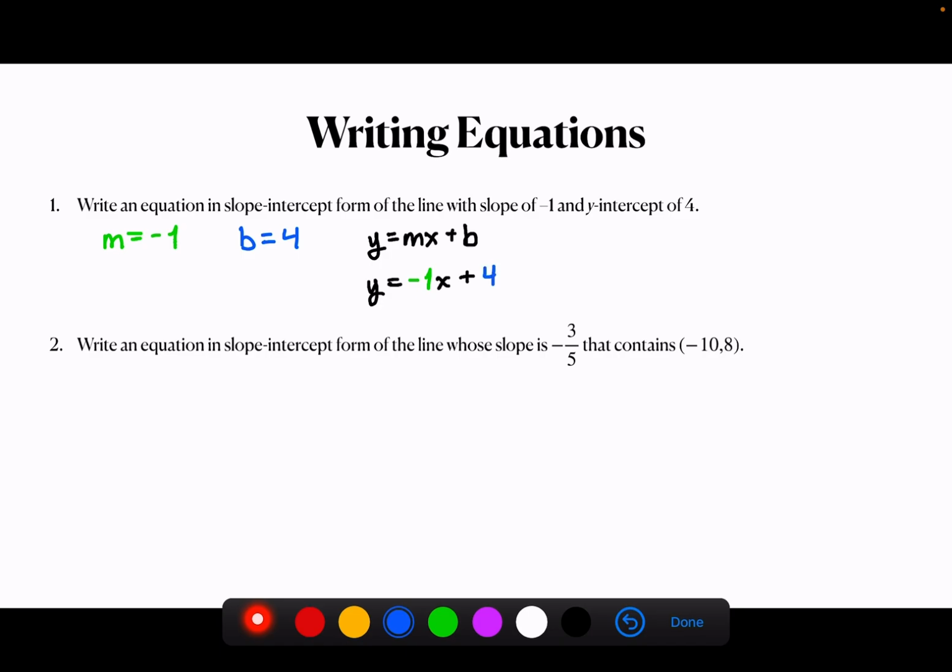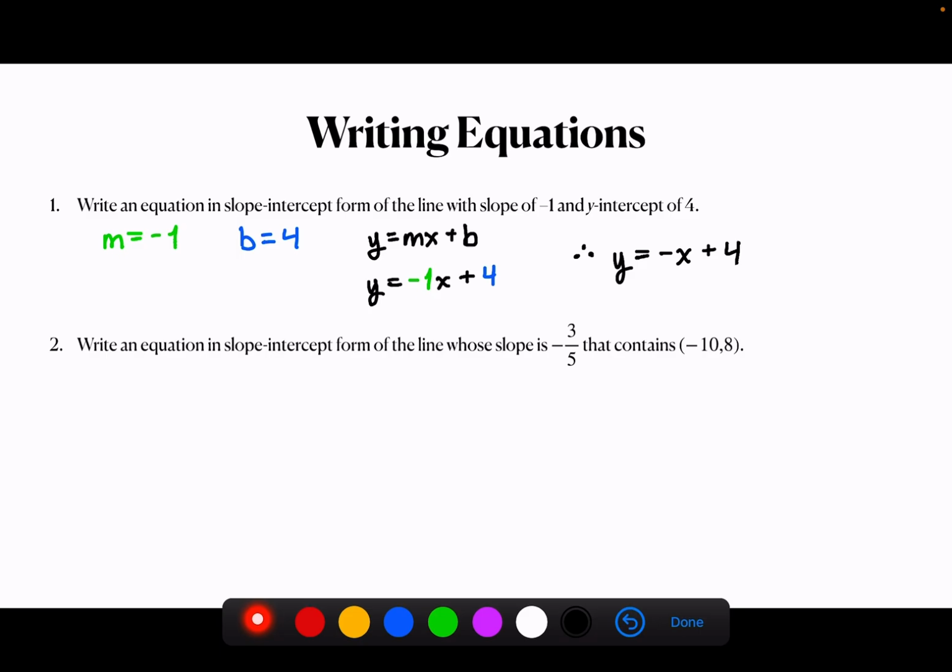our y-intercept. Now, we're not done. This is not how we like to write our equations. It looks kind of sloppy. So therefore, I'm going to write our equation as y equals -x plus 4.